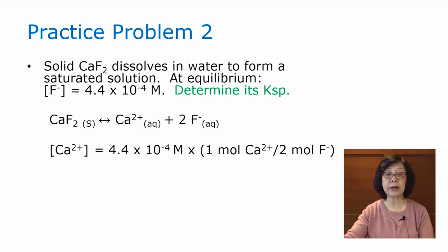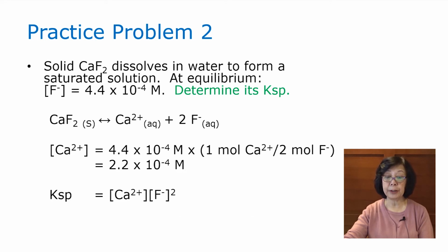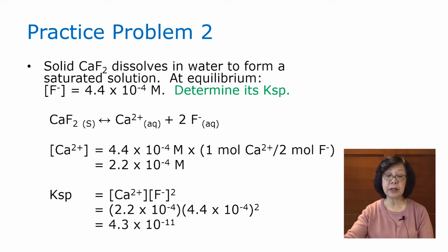Now let's calculate the calcium ion concentration from the fluoride ion concentration using a mole ratio of 1 to 2. Now the calcium ion concentration is calculated as 2.2 times 10 to the minus 4 molar. And then we write the KSP expression equal to calcium ion times fluoride ion raised to the power 2. Then we substitute the numbers into the equation, and the KSP is calculated as 4.3 times 10 to the minus 11. Now that's a very small number, meaning that at equilibrium, a very small amount of calcium fluoride will dissolve to make a saturated solution.